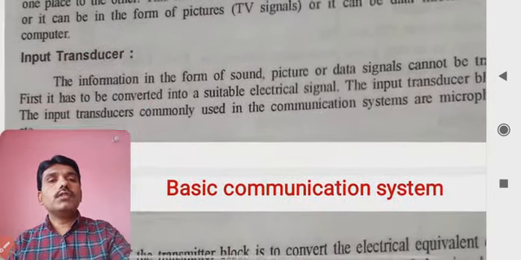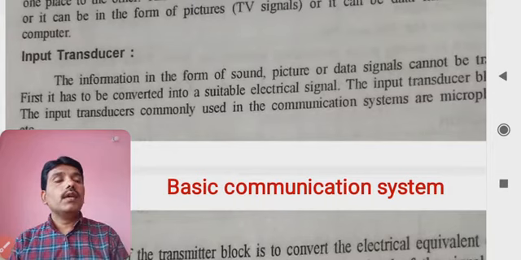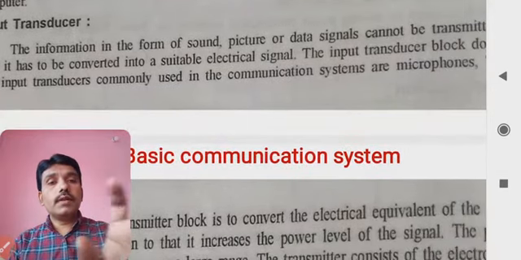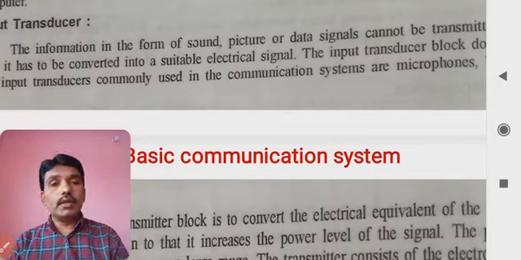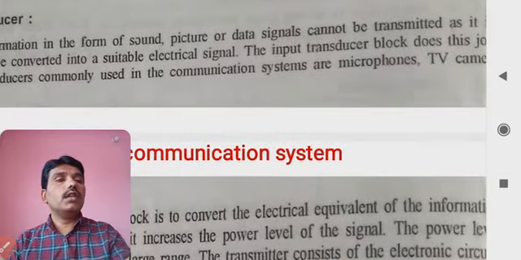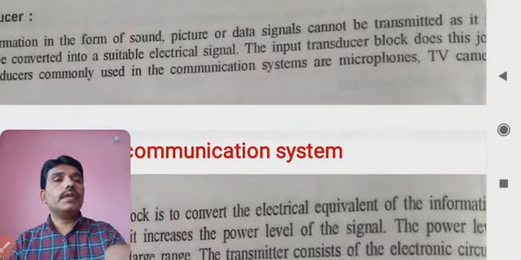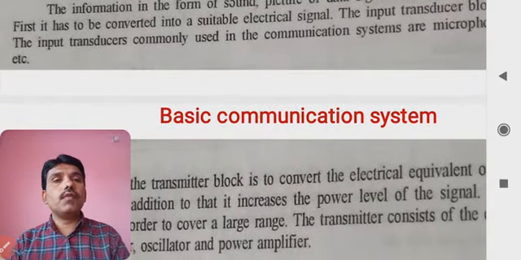The second one is the input transducers. Information in the form of sound, picture, or video cannot be transferred as it is, so we have to make it into a suitable electrical format. Whatever the picture or the sound waves are, we need them in a specific, suitable format.